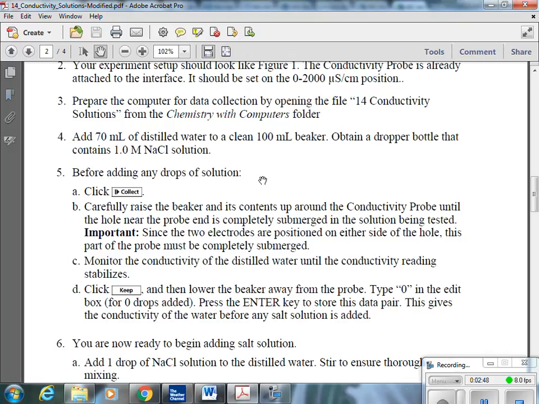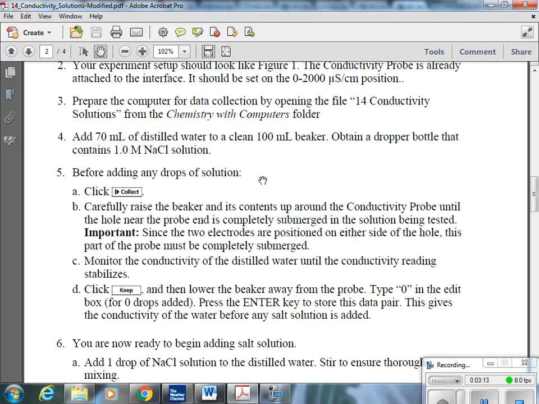You hit collect, you carefully raise the beaker and its contents up around the conductivity probe, making sure that we have the little hole of the conductivity probe submerged in the solution, okay? We let the conductivity reading stabilize, and then you click keep.